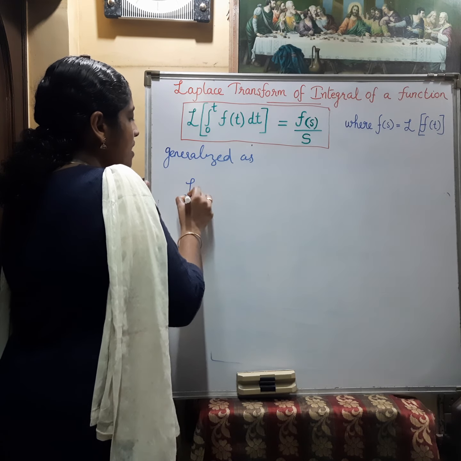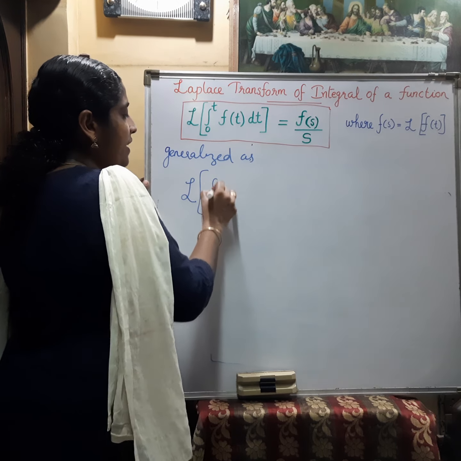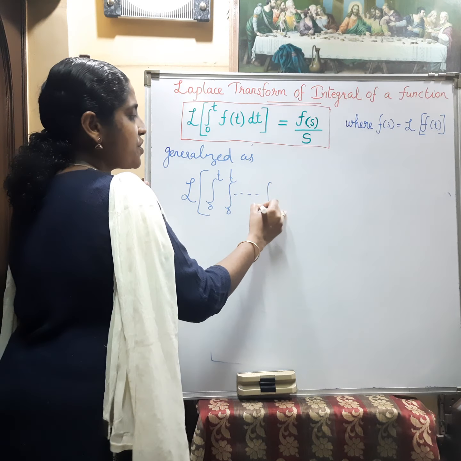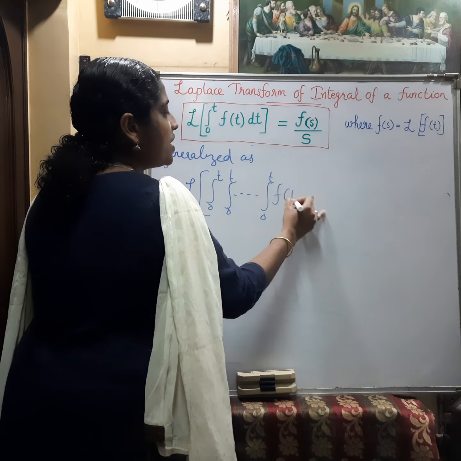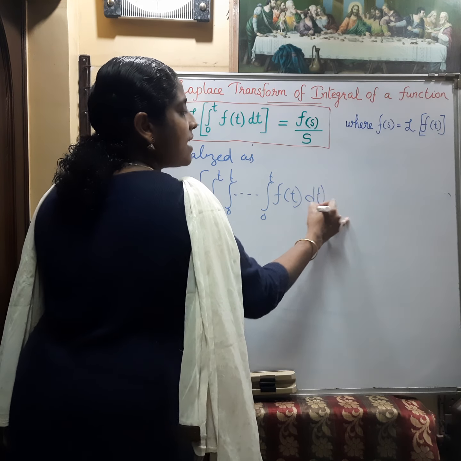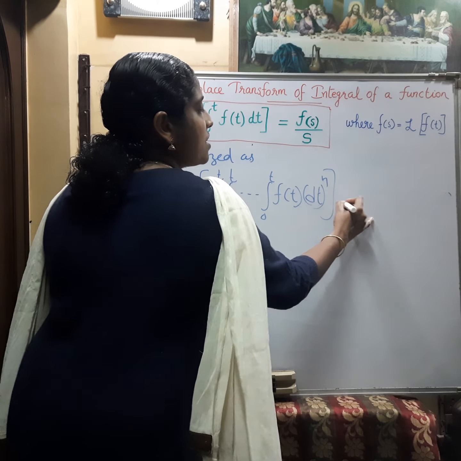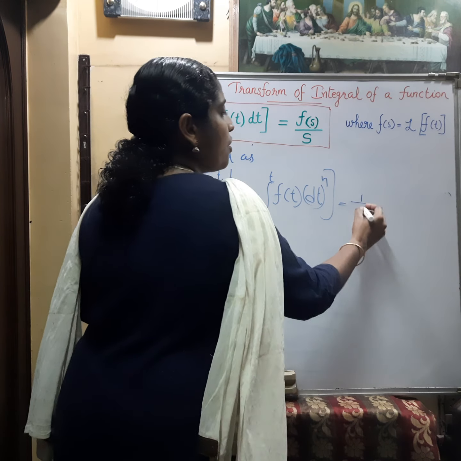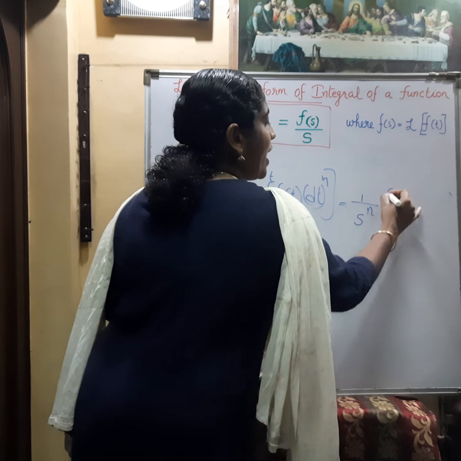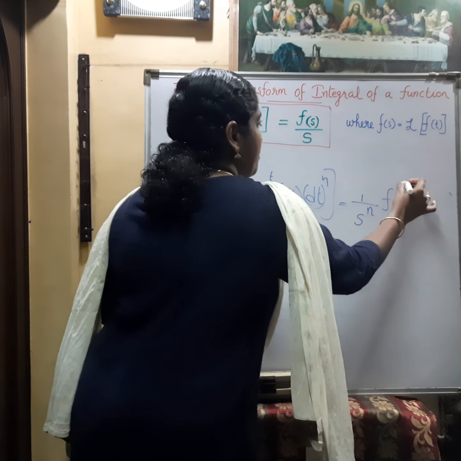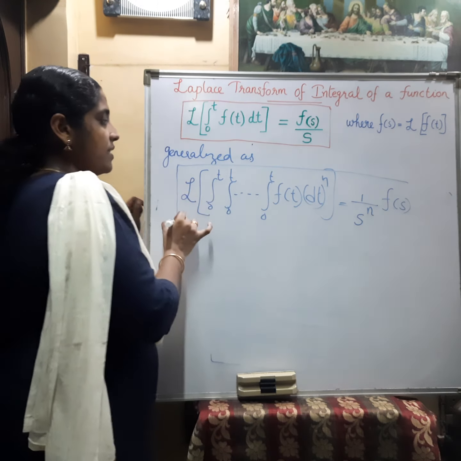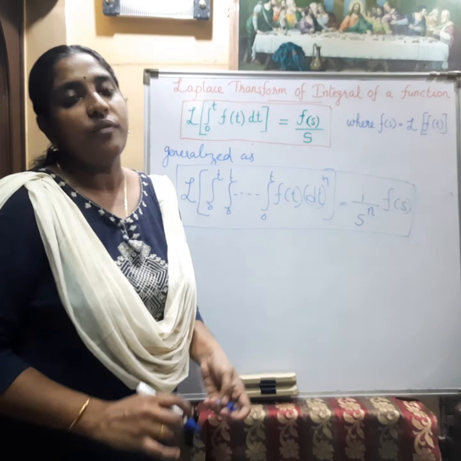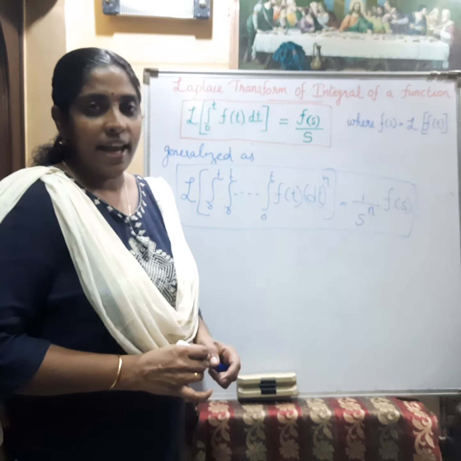The Laplace transform of n integrals, that is 0 to t, 0 to t, up to 0 to t of f of t, with n integrals, will be 1 by s raised to n times f of s, instead of 1 by s. This also you have to remember. If in the question n times integral is given, then the Laplace transform will be 1 by s raised to n f of s.